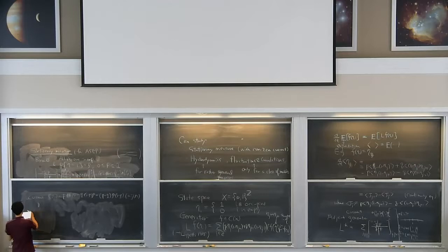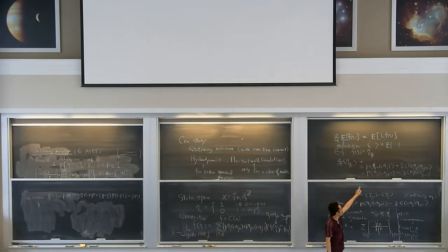Okay. Once we have the average current, maybe we can try to write down hydrodynamic equations for ASEP. We have the time evolution for the density, and we have the continuity equation, and now we have an explicit expression for the current.